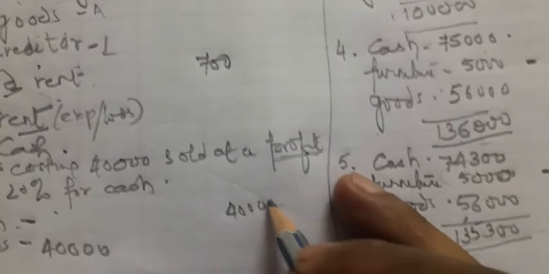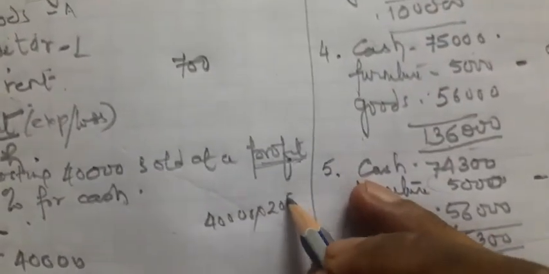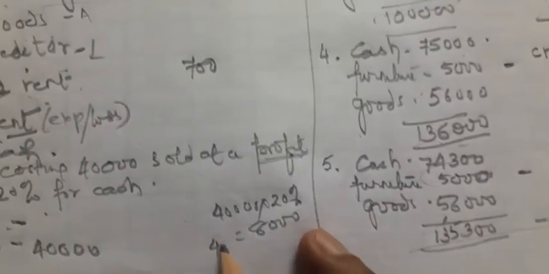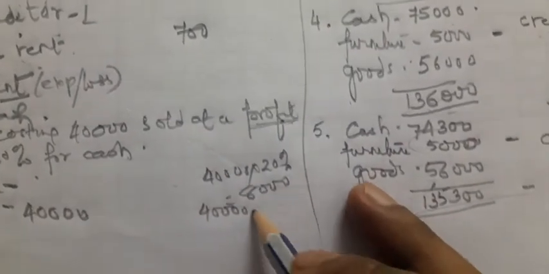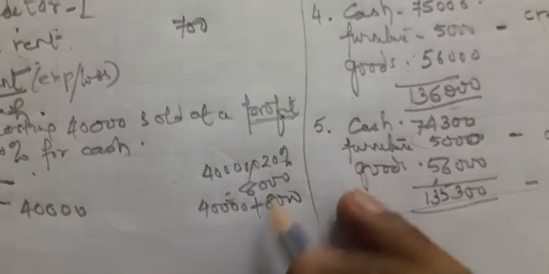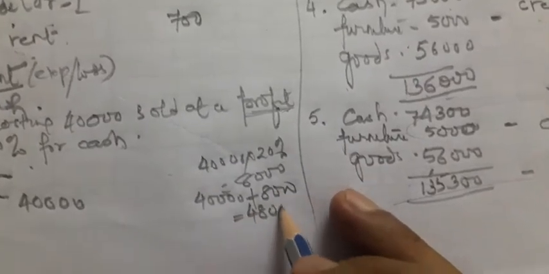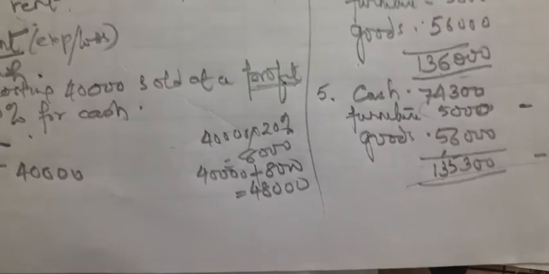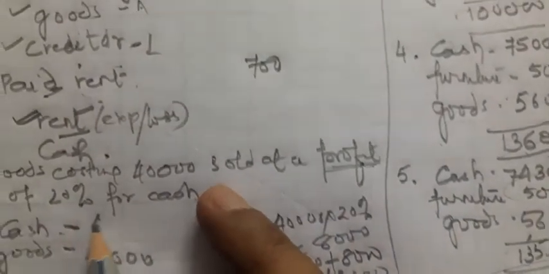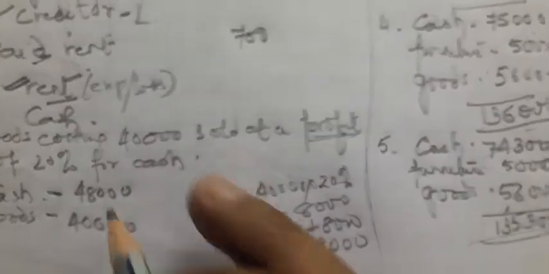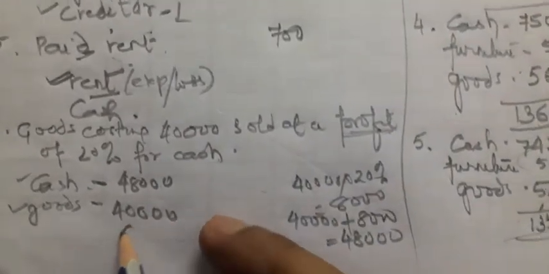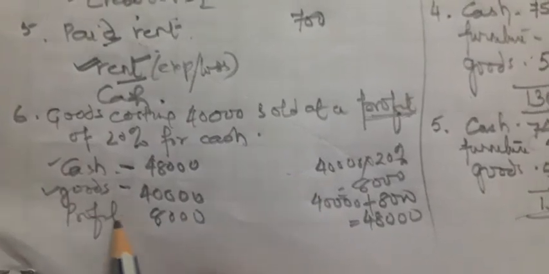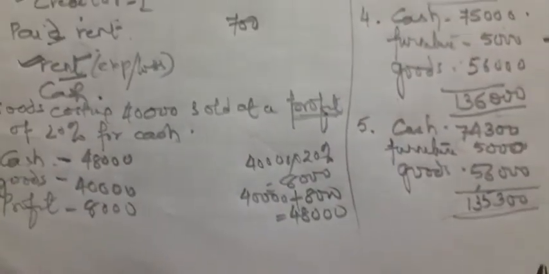So selling price of these goods is 40,000 cost plus 8,000 profit, 48,000. Goods costing 40,000 have been sold for 48,000 rupees. So cash that will be coming in the business is 48,000, and there is a profit of 8,000, which will increase our capital by 8,000 rupees.